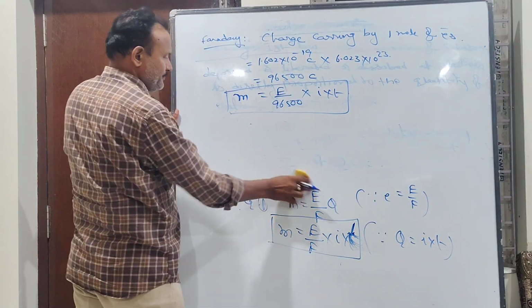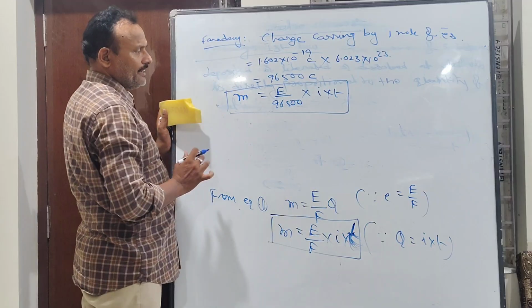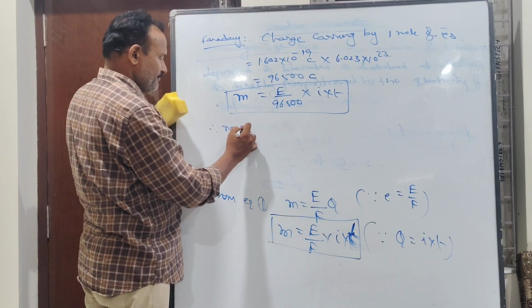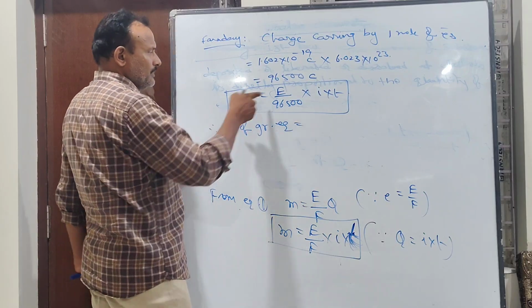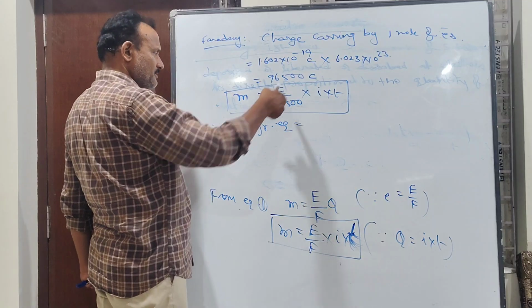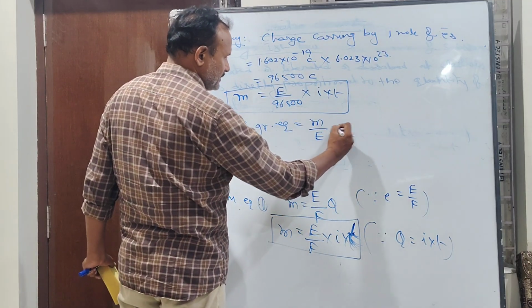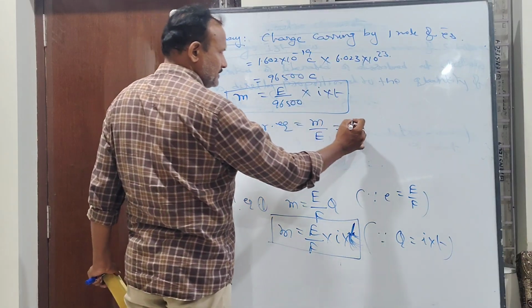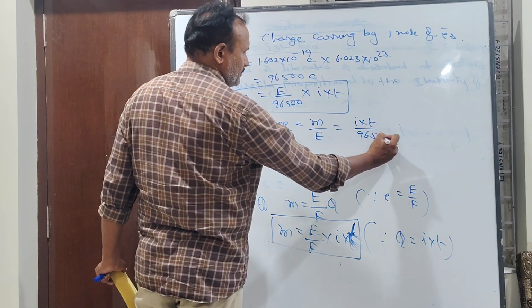So what is that? We know that mass by equivalent weight is nothing but the number of gram equivalents, right? Therefore, the number of gram equivalents, M by capital E, is equal to I into T divided by 96,500 coulombs.